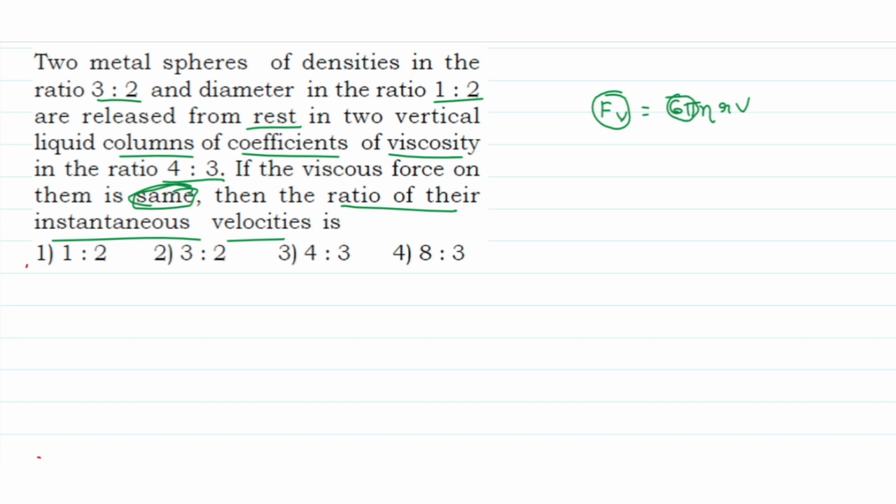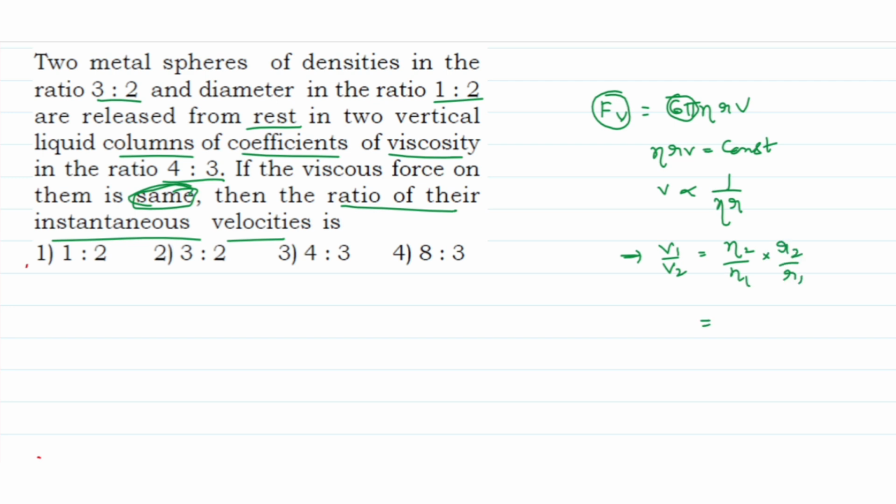Now we relate these three factors, eta into r into v, which you can take as constant. That means velocity is inversely proportional to the coefficient of viscosity as well as radius, which means you can write v1 by v2 as eta 2 by eta 1 into r2 by r1.